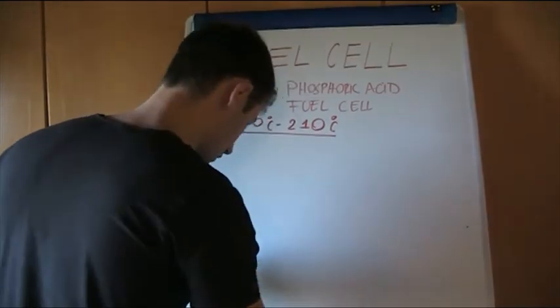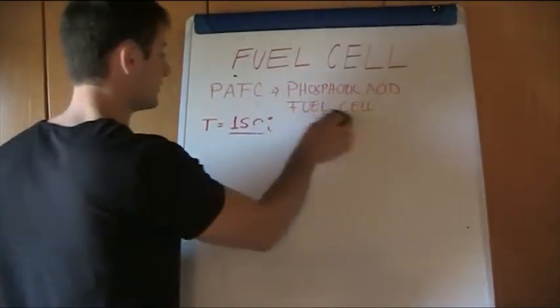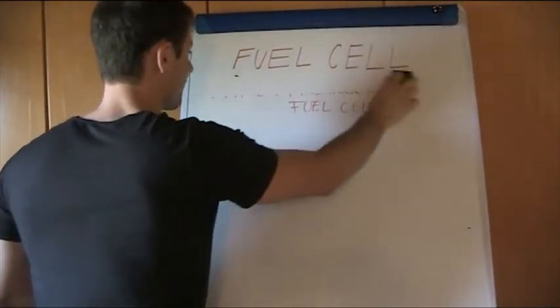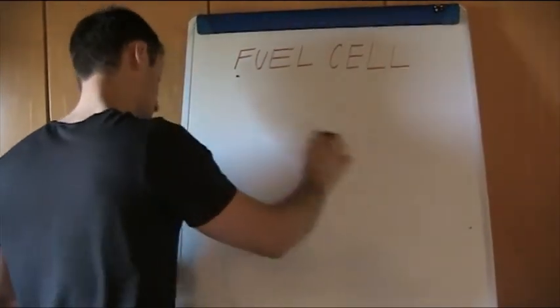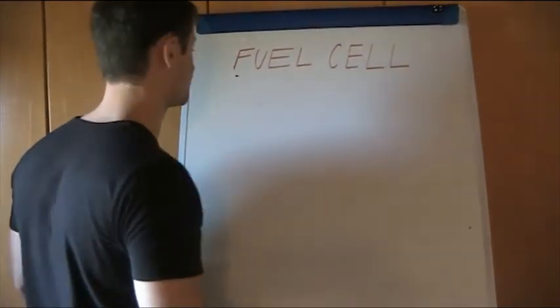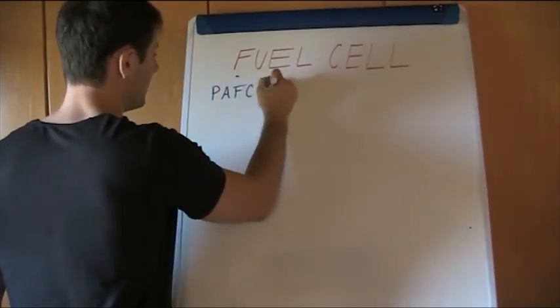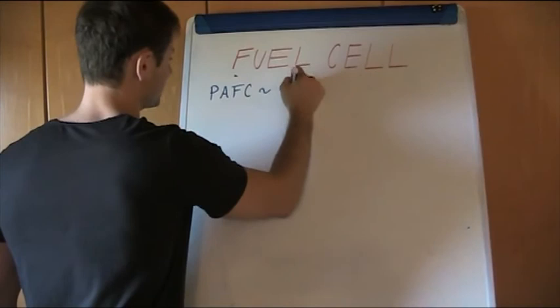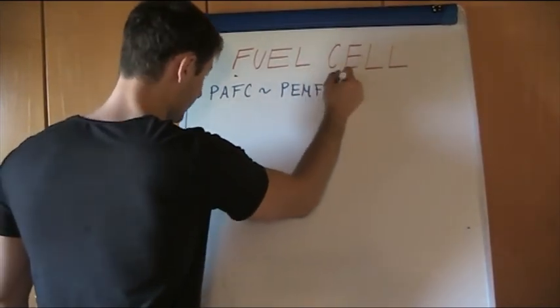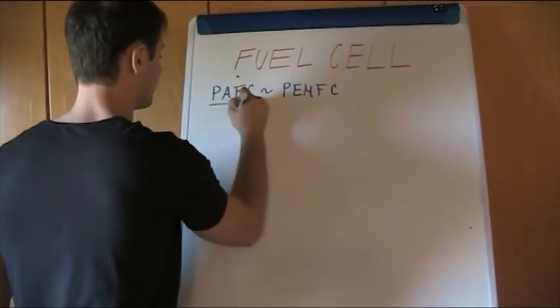So in this case, the working principle is quite close to the working principle of the proton exchange membrane fuel cell. The phosphoric acid fuel cell behaves quite similarly, but is composed in a different way.